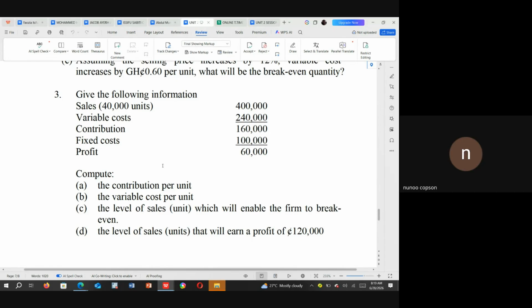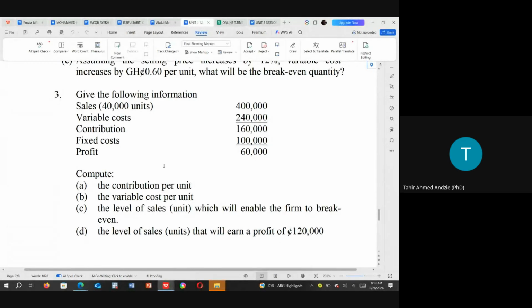So 160,000 divided by 40,000 gives us 4 cedis. Very good, 4 cedis. Have you seen? It's not difficult. If you understand these things, you do them with ease.